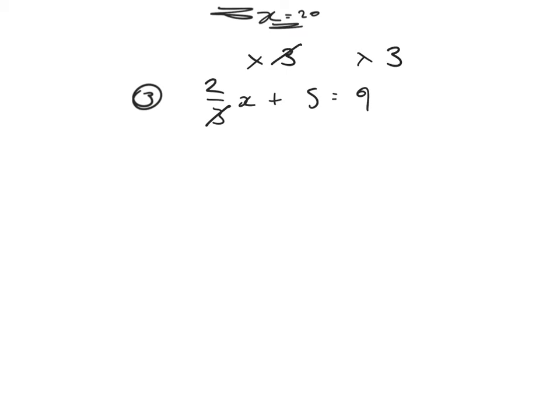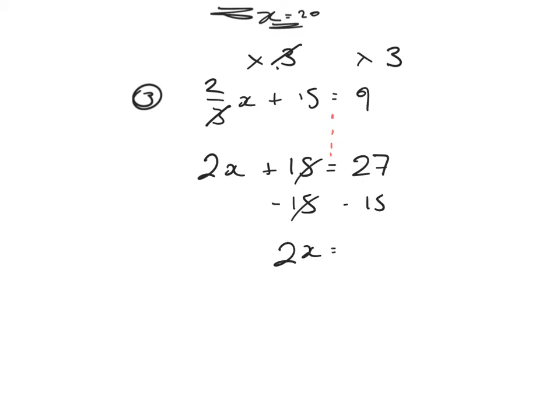Okay, divide by 3 times by 3 cancel out, leave me with 2x, and then 5 times 3 is 15. 9 times 3 is 27. Letters to the left, numbers to the right, equal signs in the middle. Take 15 off of both sides, leaves me with 2x equals 12. Bring the 2 down, divide, x equals 12 divided by 2, and x is equal to 6.